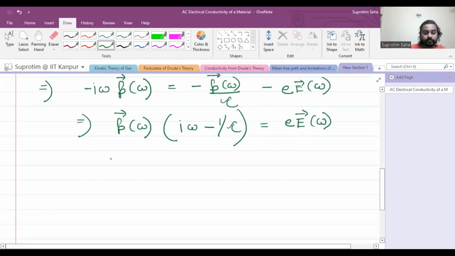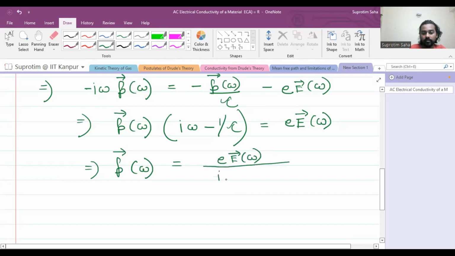So now, implying p of omega is equals to minus e times the electric field vector divided by (i omega minus 1 over tau), again equal to minus e tau E vector omega by (i omega tau minus 1).